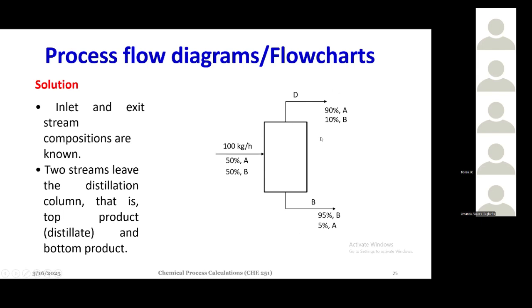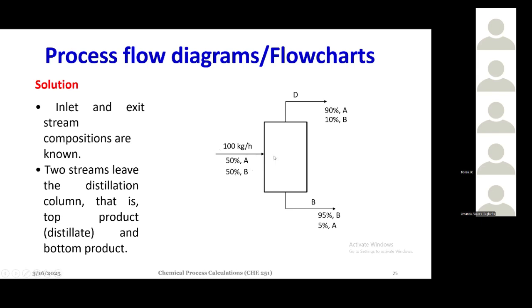This one comes out, and this also comes out as a pipeline. These are what we are calling streams. So stream D and stream B, and then this stream, which is 100 kg per hour. And our components are these: the A, the B, the A, and the B. And our compositions are the mass percent or the mass fraction: 50%, 50%, 90%, 10%.